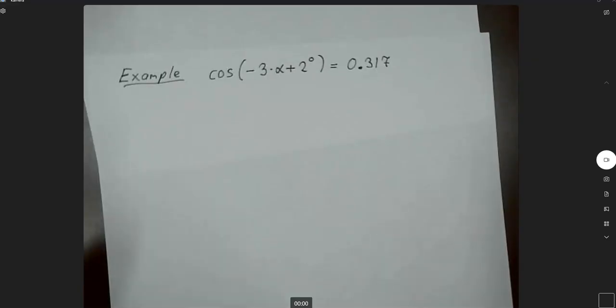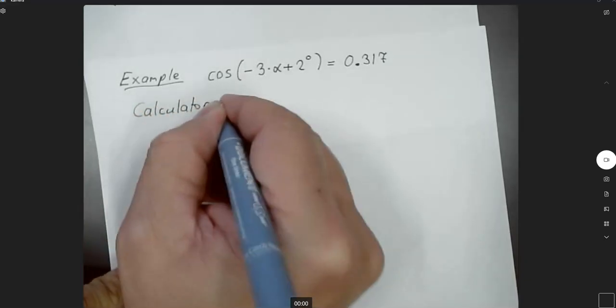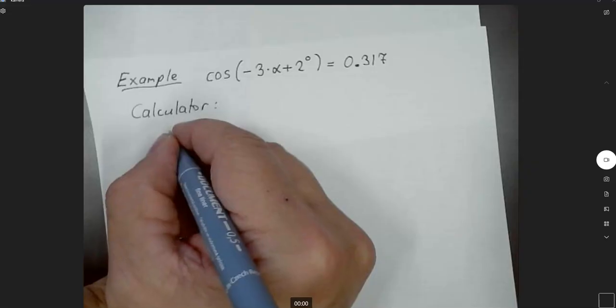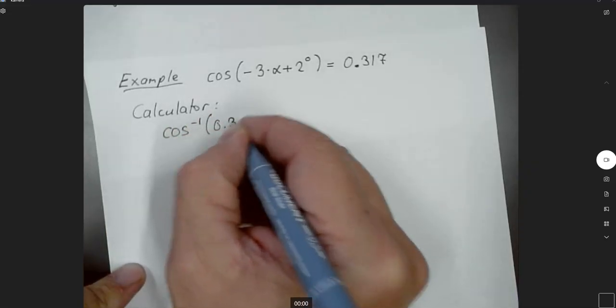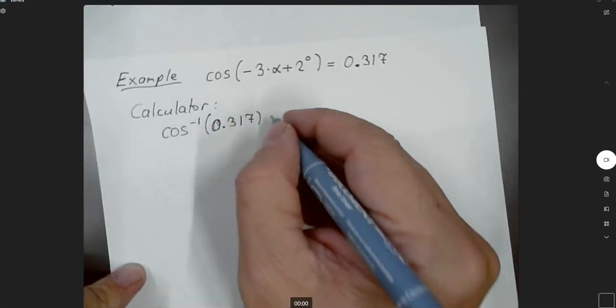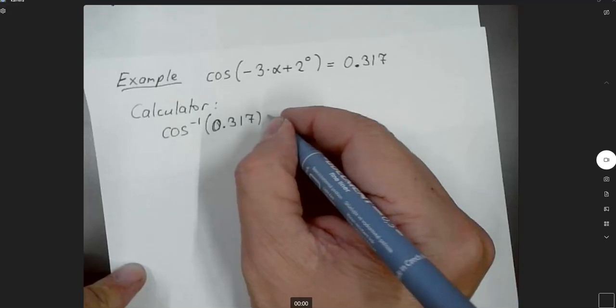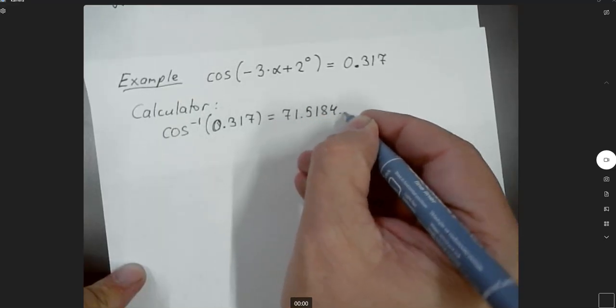First calculator, and we will get the angle which has the cosine value 0.317, and we get this value there.